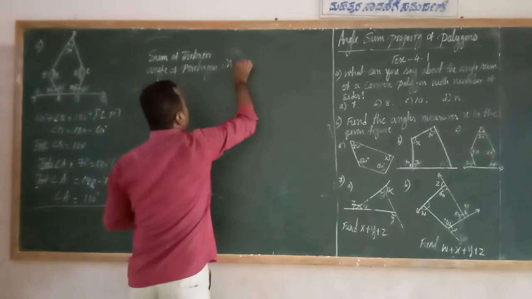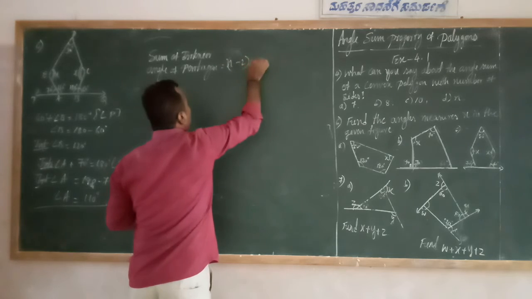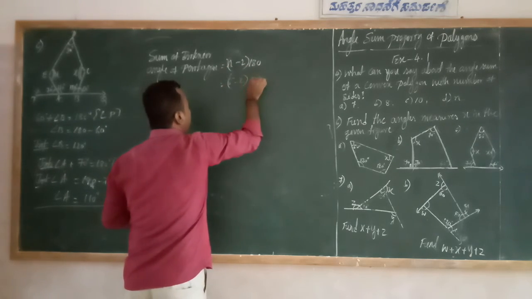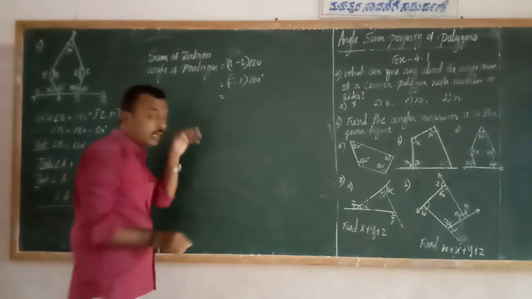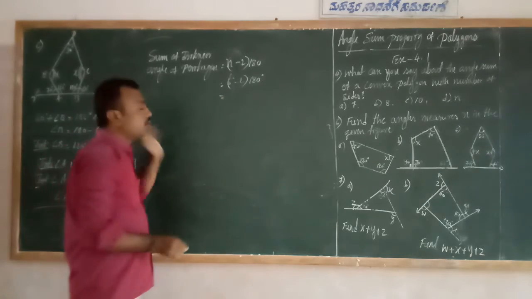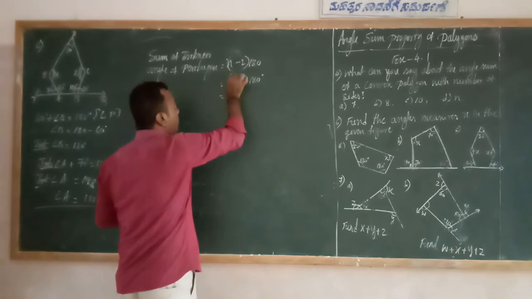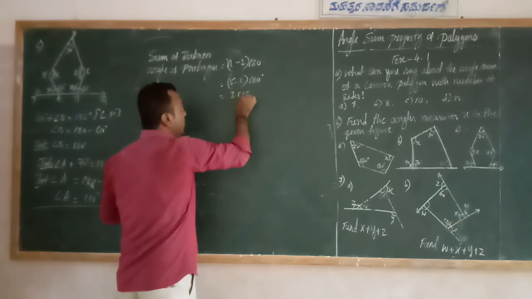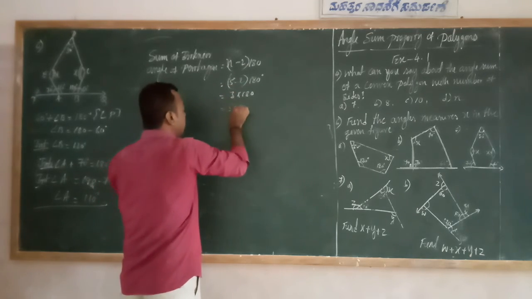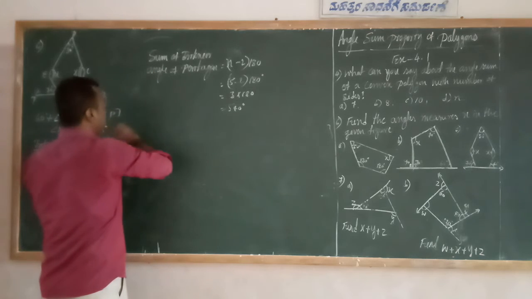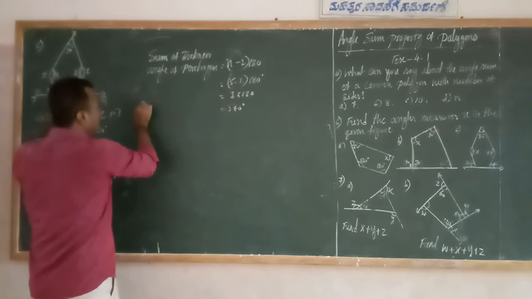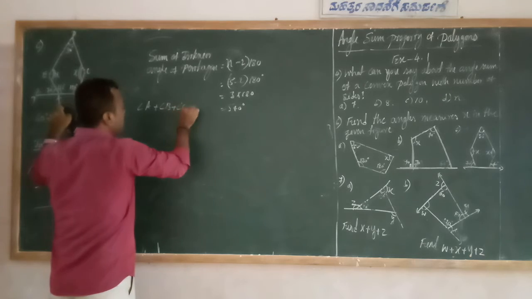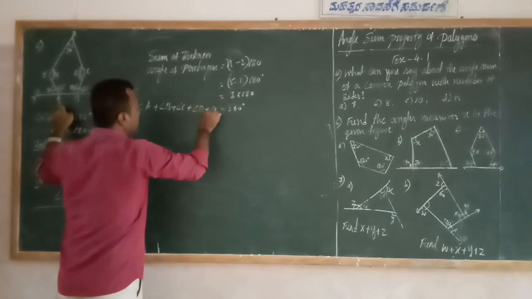Otherwise you can use n minus 2 into 180, where n is 5. If you know 540 directly, you can substitute it. If you don't know, use this formula: 5 minus 2 is 3, 3 into 180 is 540 degrees. So what is the sum of the interior angles of a pentagon? Angle A plus angle B plus angle C plus angle D plus angle E.